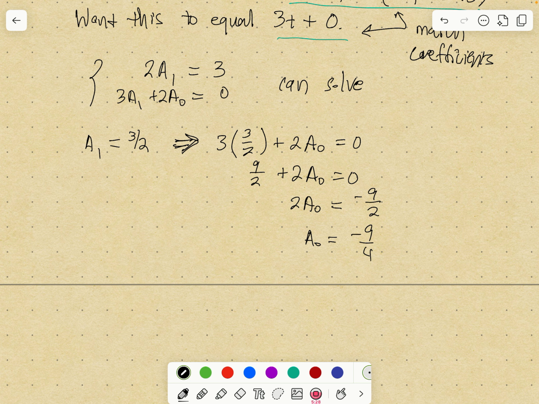So we are able to solve for a1 and a0, and therefore we get our yp. So our yp is 3 over 2 t minus 9 over 4.